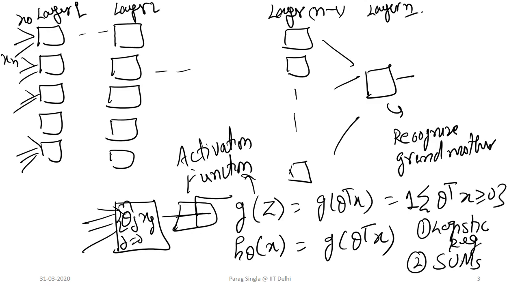The h theta x, for logistic regression, would have taken a slightly different form, where we are dealing with probabilities, but in order to do the final classification, this is still an indicator of theta transpose x being greater than or equal to 0, right? So in that sense, it is a linear classifier, and as I explained on the previous slide, you can also think of this function as implementing thresholding over minus theta 0, right?